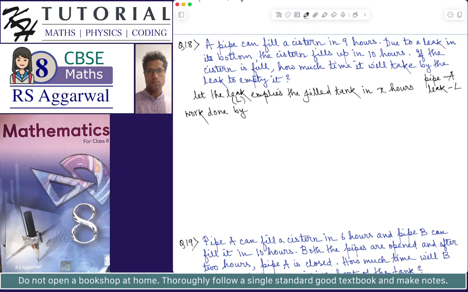That is, in X hours a completely filled tank will be emptied by the leak.